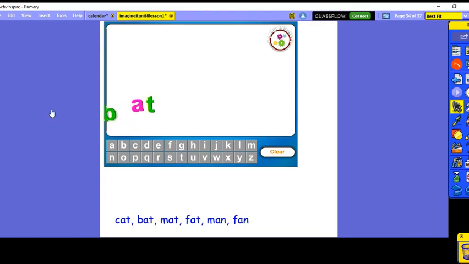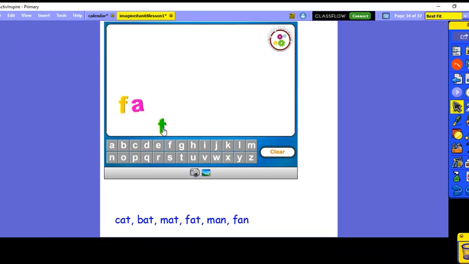Good. Okay, now let's change the letter again. What word is that? Mat. Good. Let's change the beginning sound again. What word is that? Fat.